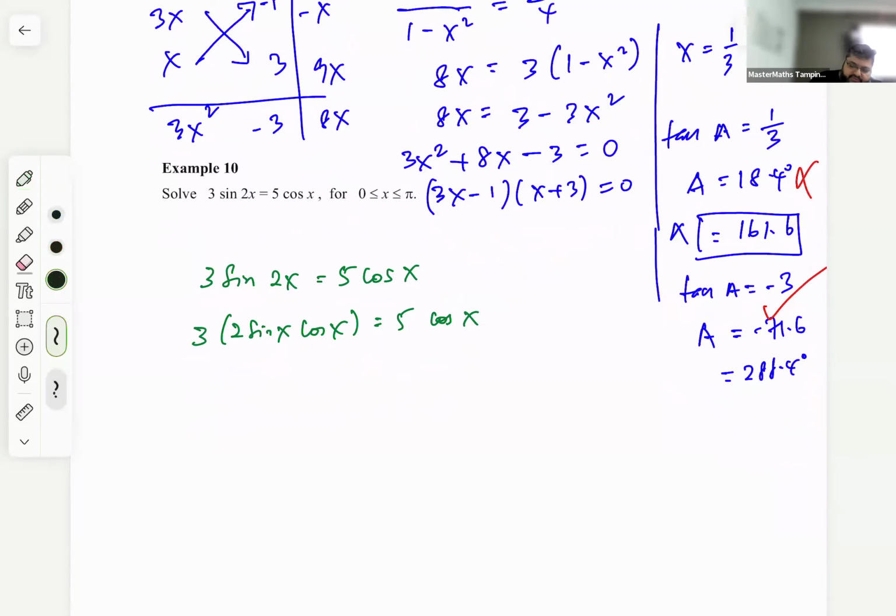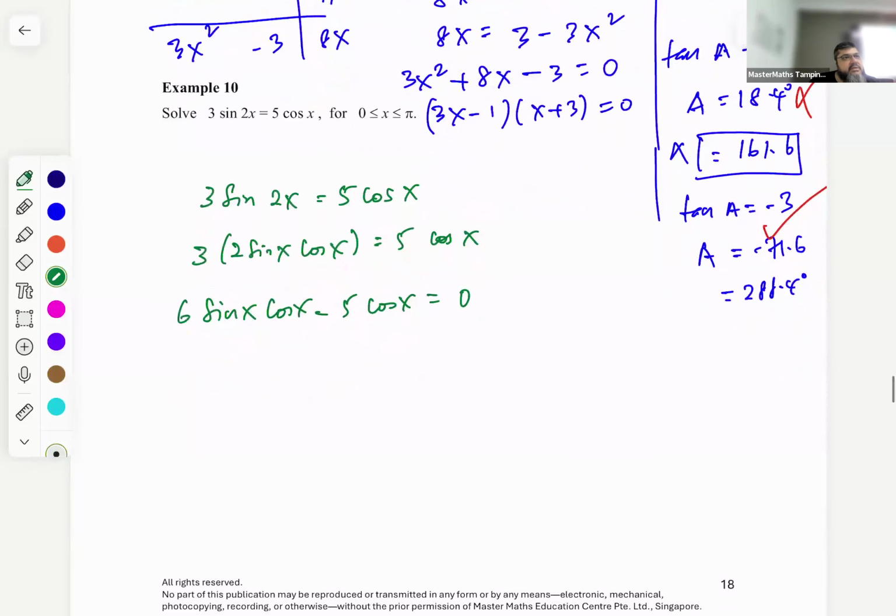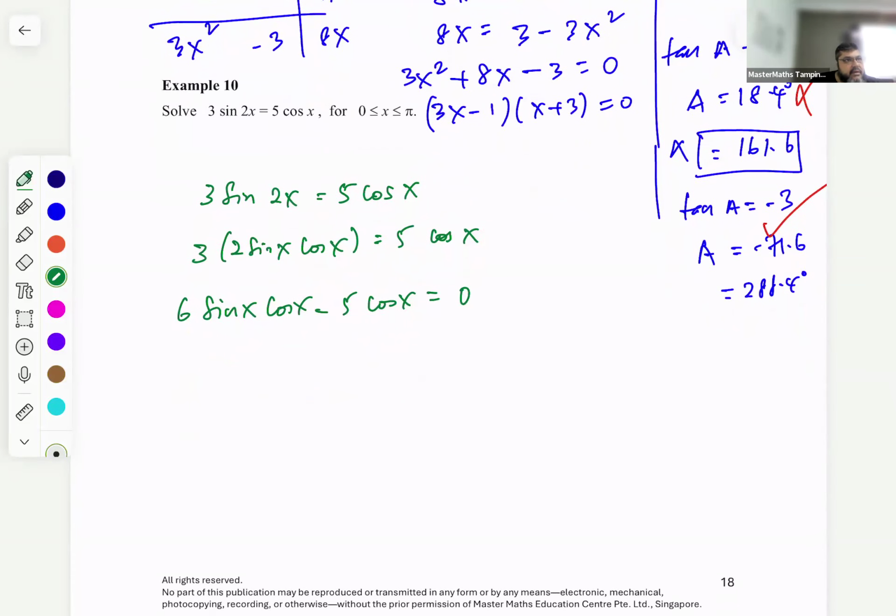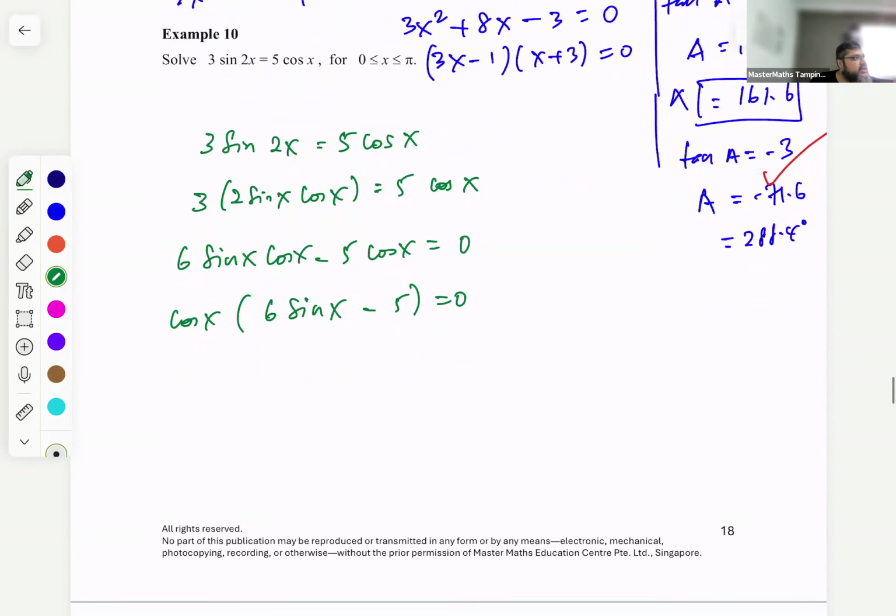So you have 6 sine x cos x minus 5 cos x is equal to 0. Now I take out a cos x. I'm left with 6 sine x minus 5 equal to 0. You understand?